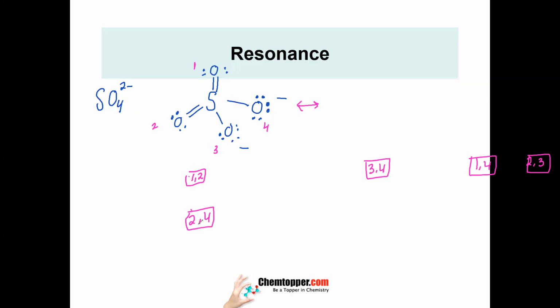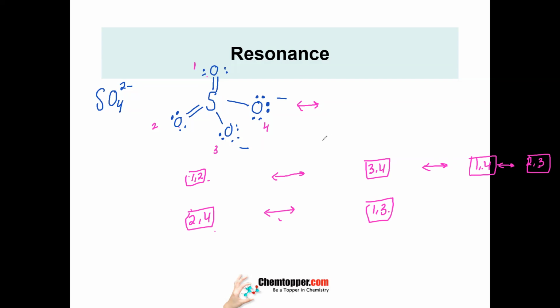And I can draw a double bond between 1 and 3. So how many resonating structures? 1, 2, 3, 4, 5, 6. And they're interconvertible. Is it okay?